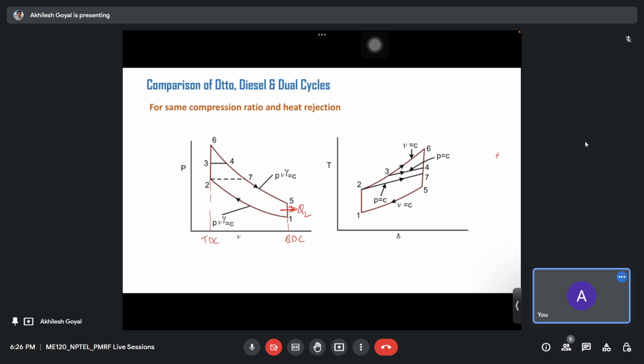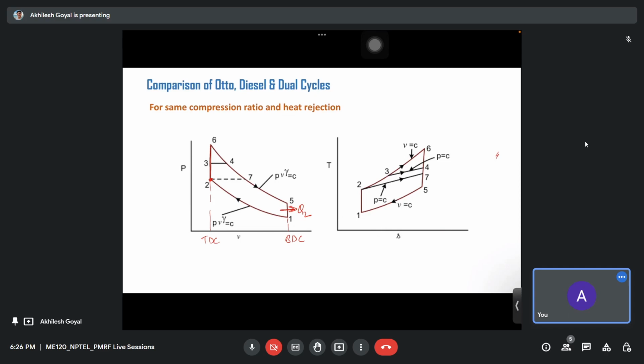Now the piston can move in the cylinder between BDC and TDC, and the compression ratio is the same. Once you reach point 2 after the compression, for the Otto cycle you can move upwards without reducing the volume.